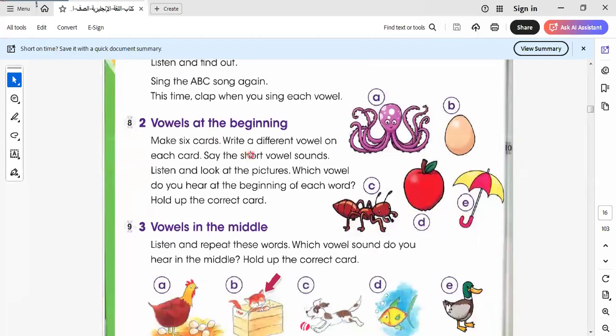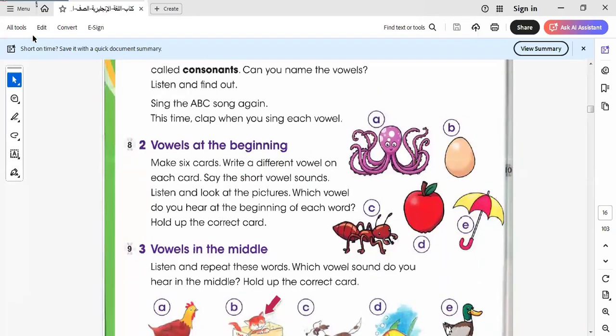Here we have the vowels at the beginning of the words. Like here we have octopus. I would like to write it in the correct way.